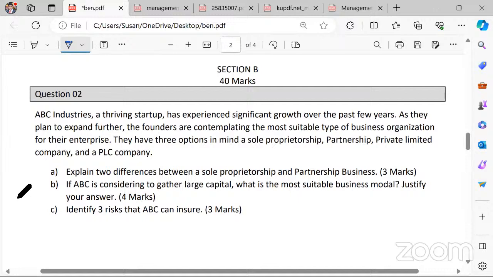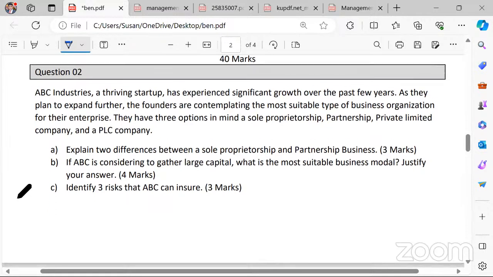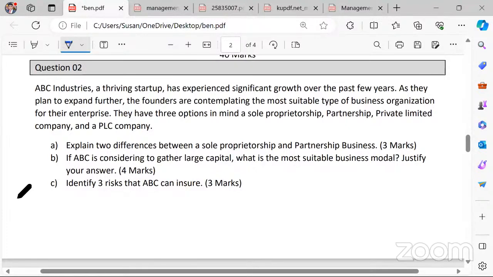They have three options in mind: sole proprietorship, partnership, and private limited company, and PLC. Explain two differences between sole proprietorship and partnership businesses.